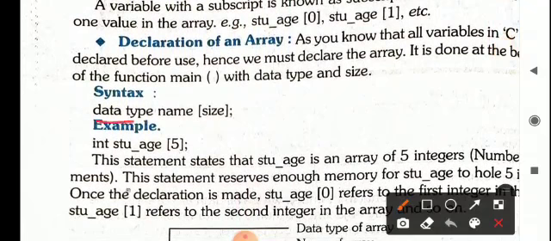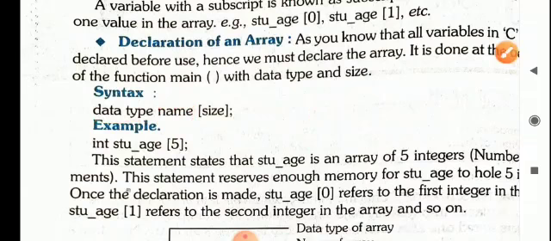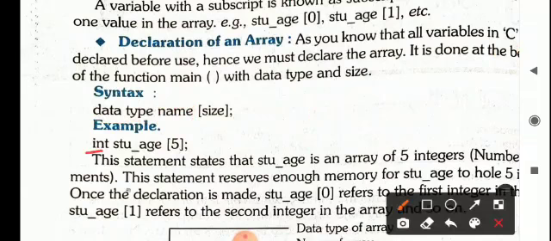That is, the data type will appear first, then the name of your array, and in the square bracket you write the size, that is, up to how much data you want to store, and then a semicolon. For example, int stu_age[5]; is an array whose size is 5 and it can store or hold up to integer type of data only.